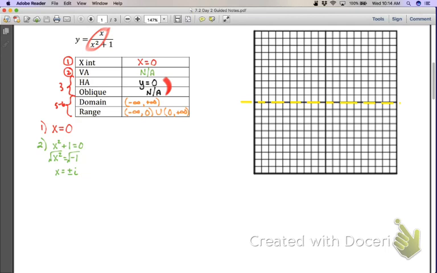Next thing then is going to be your graph. If you have a graphing calculator and you plug everything in, what do you notice about it? Looks something like that, kind of.